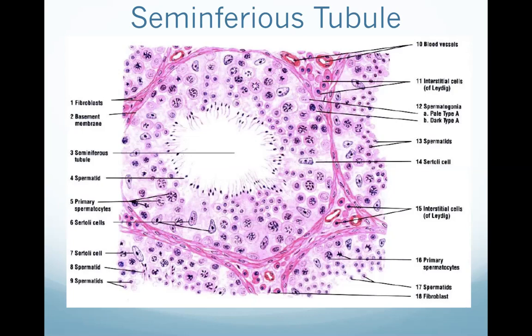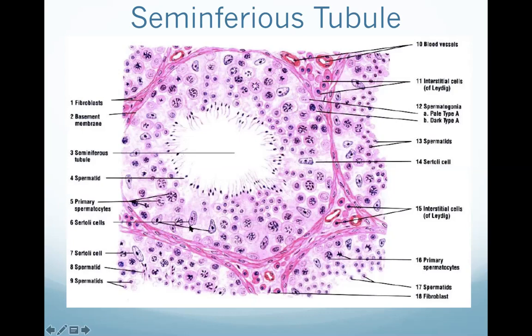So the nurse cells or Sertoli cells will in fact also distribute respiratory gases and nutrients to the developing spermatids. Spermatids are reliant on the presence of Sertoli cells to sustain them. So that's a really important function.